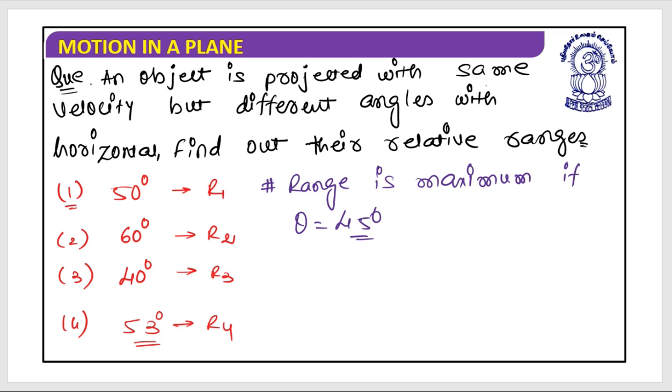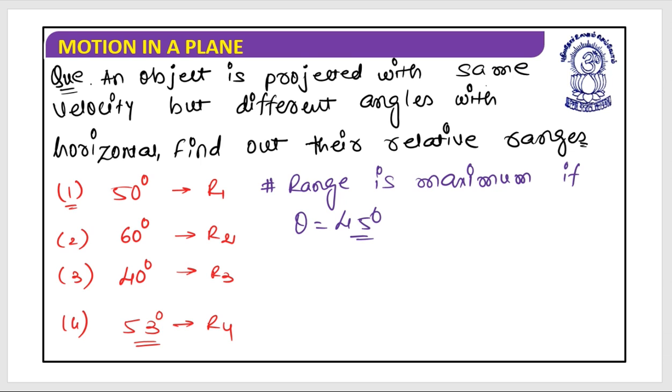But here none of the cases is of 45 degree. So what I can understand is how much my angle is deviated from 45 degree. Lesser the deviation, please listen to this word very carefully, lesser the deviation, higher would be the range.